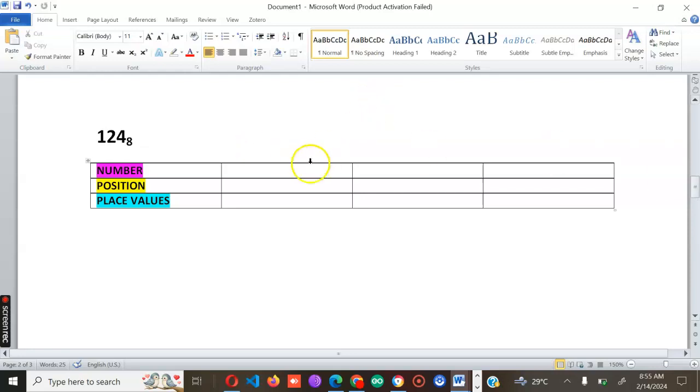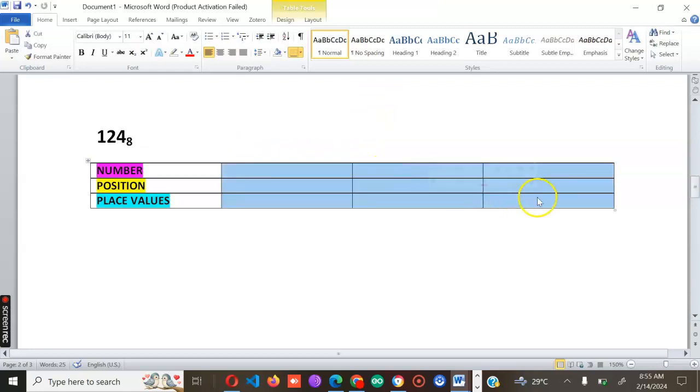Okay, let's go to the number, which is 1. Let me try to board this one. So we have 1, 2, and 4. The position is 0, 1, and 2. The place value of this one is 8 raised to power 2, which is 64.